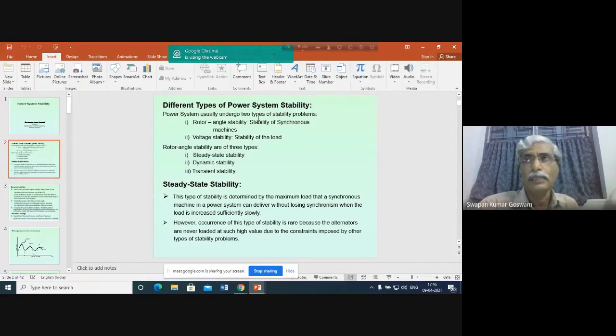Depending upon the magnitude of the disturbance, we shall classify stability into three major types: steady state stability, dynamic stability, and transient stability. We shall mostly discuss steady state and transient stability, because analyzing dynamic stability requires more complex analysis.